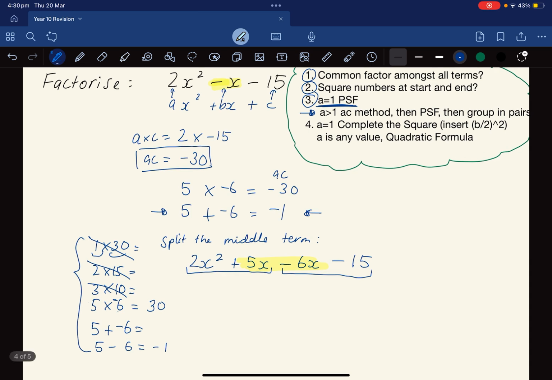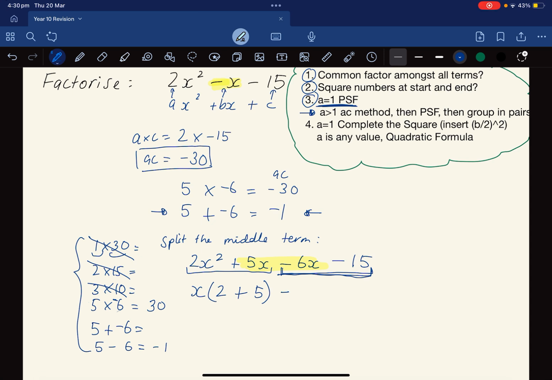So a common factor between 2 and 5 is just x. X times 2x gives 2x squared. X times 5 gives 5x. Then we're going to look at this. So I know that I could probably factor a negative straight out, right? Because negative 6 and negative 15. So I'm going to do that.